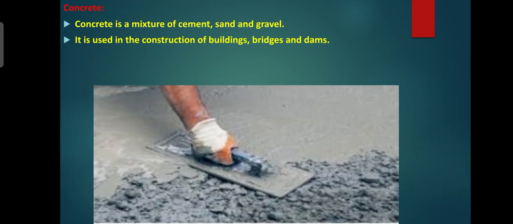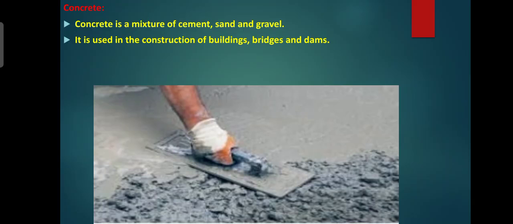When water is mixed with the material, cement reacts with the water and the hydration reaction starts. This reaction helps the ingredients to form a hard matrix that binds the material together into a durable stone-like material.